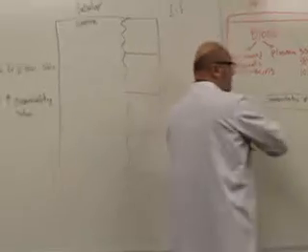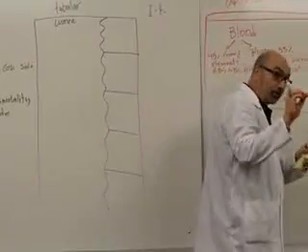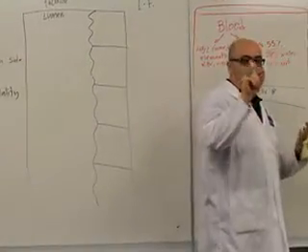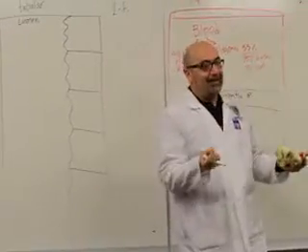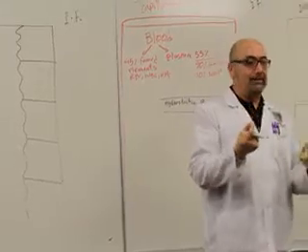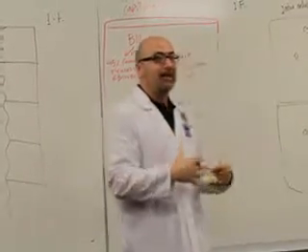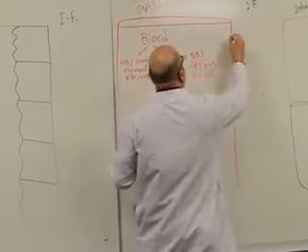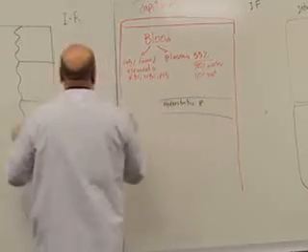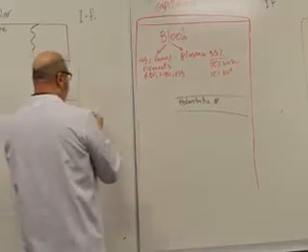So now we have capillaries, but since we are in kidneys, capillaries become specialized, called glomerulus, that is received by Bowman's capsule.